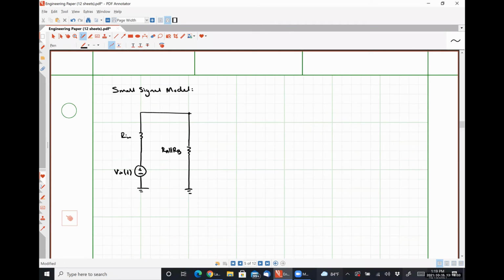Ra in parallel with Rb. Here's our gate terminal. Here's gm VGS. Here's our out. Our drain terminal is now at ground potential. Our load resistor.